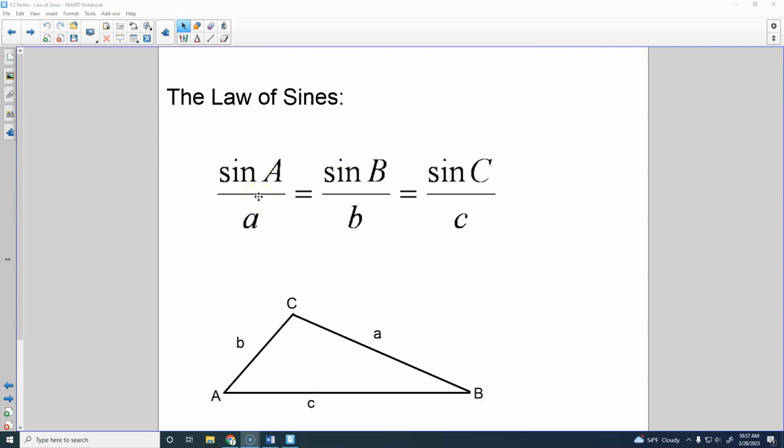The cool thing about law of sines is it can be used on any triangle. You can use it for right triangles. In fact, a lot of students who never learned regular trig very well don't ever use regular trig anymore. They just use law of sines. It will still work for right triangles. So we can use it. You could use law of sines on that whole worksheet that you just did, and you would get the answers right.